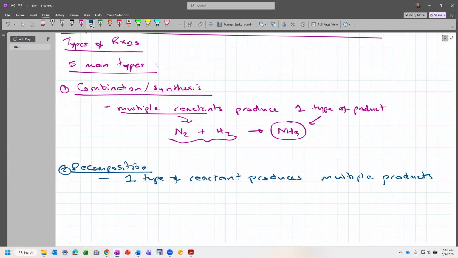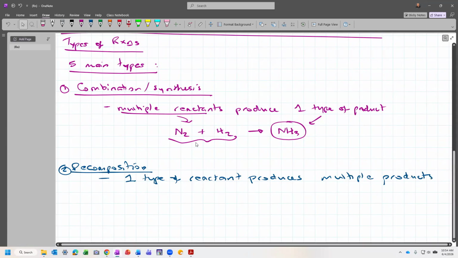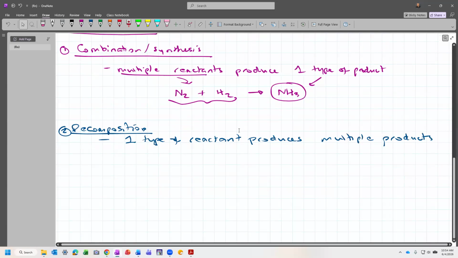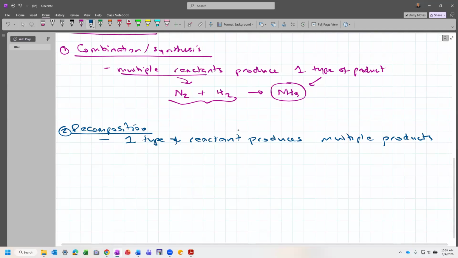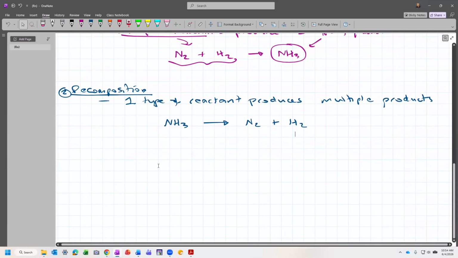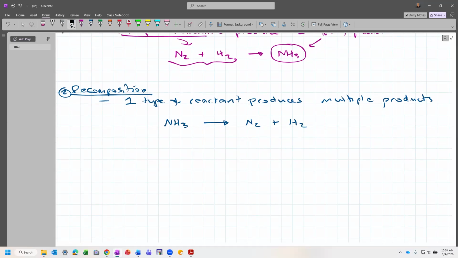Okay, so you're going to have more than one thing on the right side. And if you take this reaction, the one that we had originally, and we just reversed it, that would be a decomposition. So if I have my ammonia and I broke it down into its components, nitrogen and hydrogen, that would be a decomposition reaction, right? So combination and decomposition, just opposite or reverse processes.